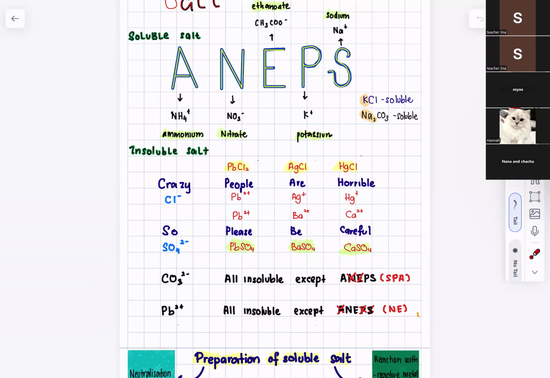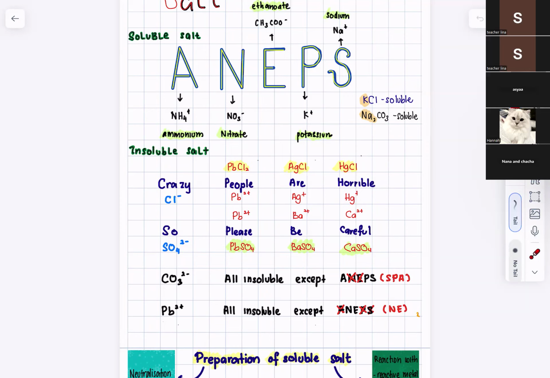Okay, again, Chacha. Lead II carbonate, soluble or insoluble? Soluble. Lead II carbonate, oh, insoluble. Okay, carbonates are all insoluble, Chacha.